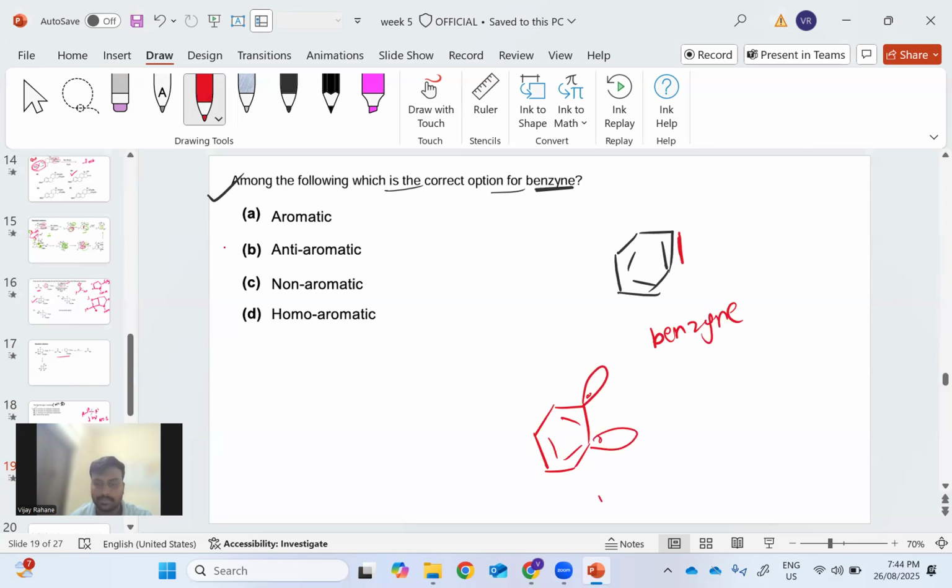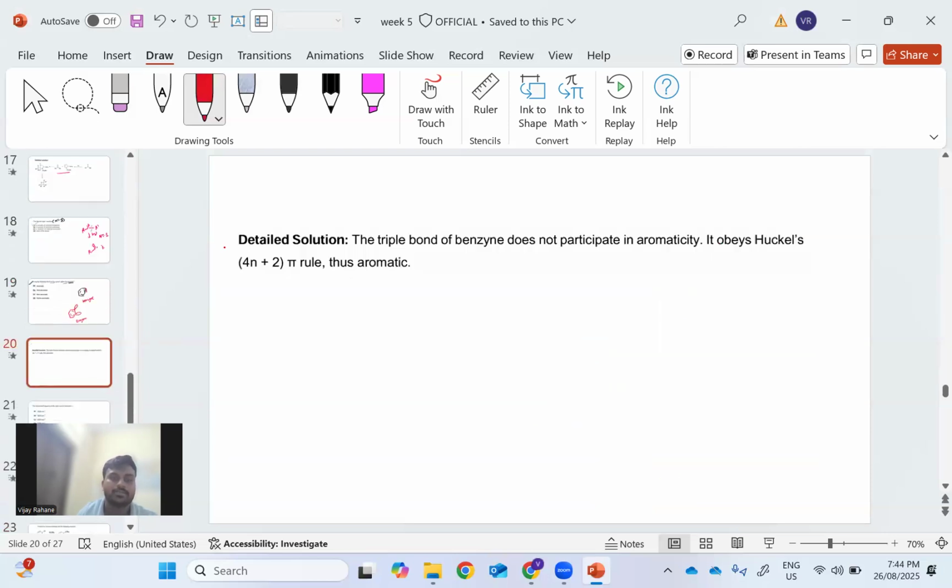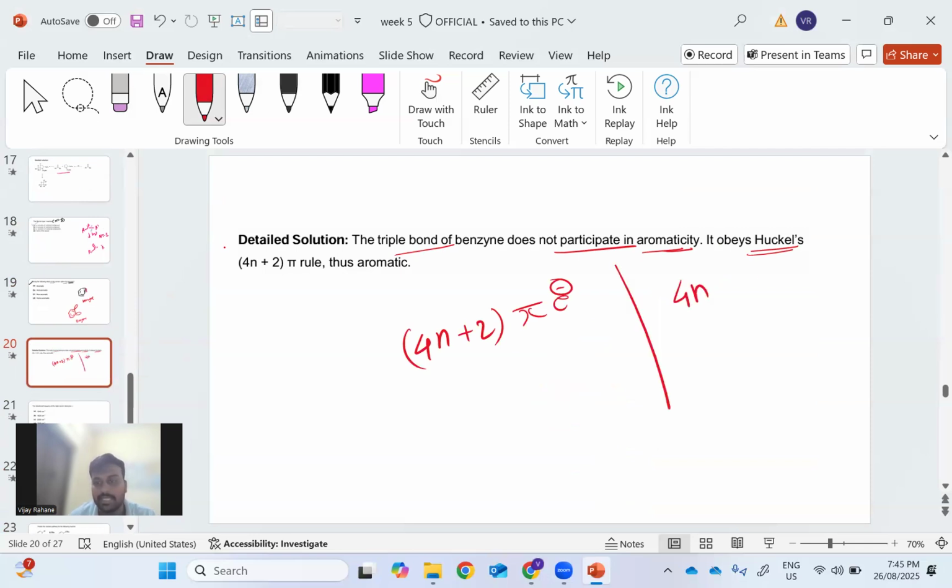And the triple bond does not participate in the aromaticity in this benzyne intermediate. So that's why it obeys Huckel's rule. Huckel's rule is that those that have 4n plus 2 pi electrons are aromatic, right? And those that have 4n pi electrons are anti-aromatic.